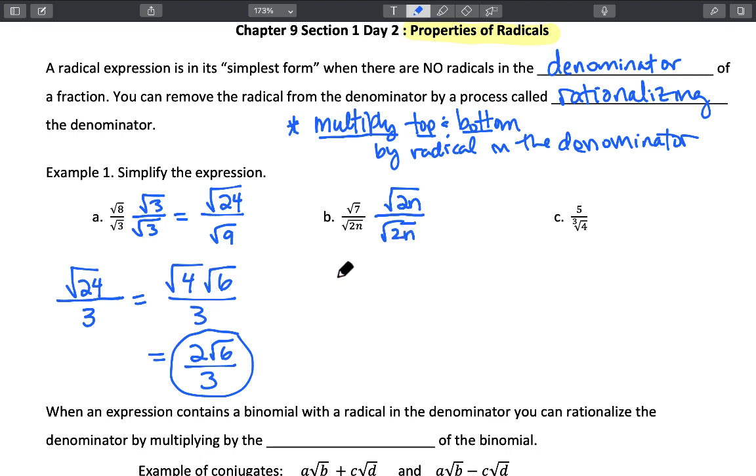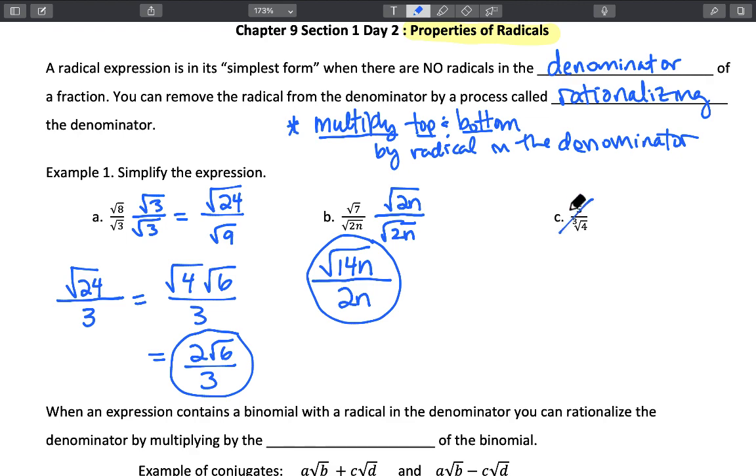When I take the square root of that, my denominator will just be 2n. What I have in my numerator is the square root of 14n. And this is as far as I can go. I cannot simplify that any further. Don't be tempted to divide the 14 by 2. That 14 is underneath that radical, so you can't simplify that any further.